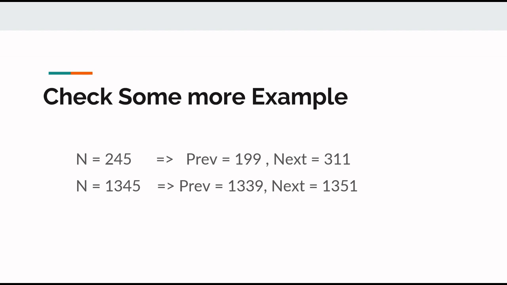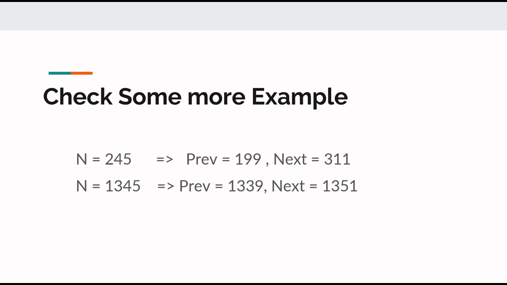So I guess you have already noticed the pattern. If you haven't, I would suggest stop and write some more examples and try to find the pattern by yourself. Else I will anyway tell you what the pattern is. The pattern is that from the left end, we will simply check for the first even digit. Once we get the even digit, we will change that digit either to the previous odd or to the next odd. I mean, if 2 is there and we are going for previous, we will change it to 1. If we are going for next, we will change it to 3.